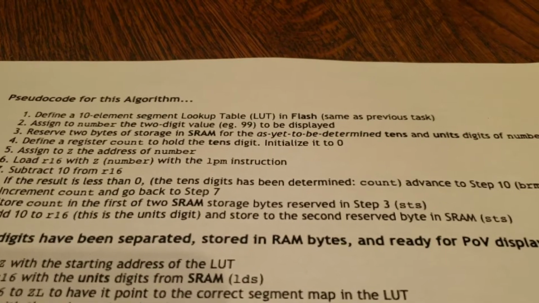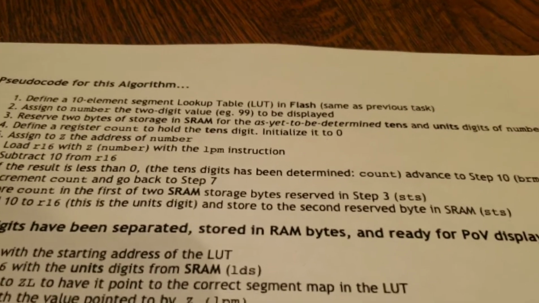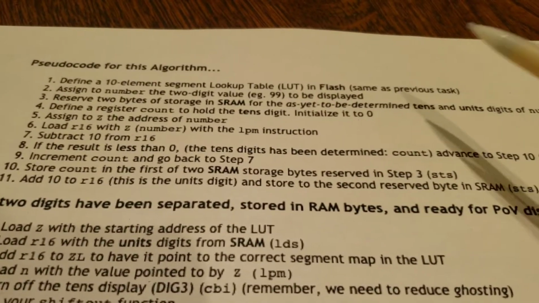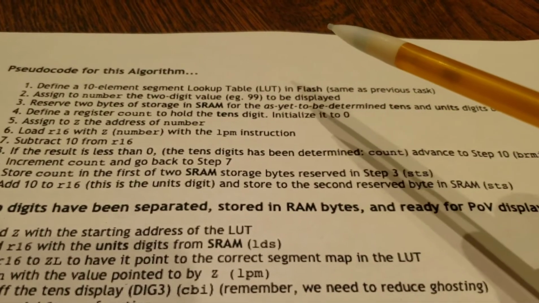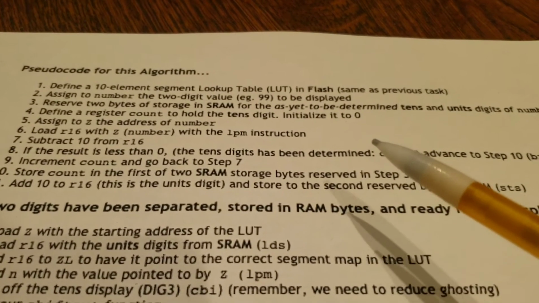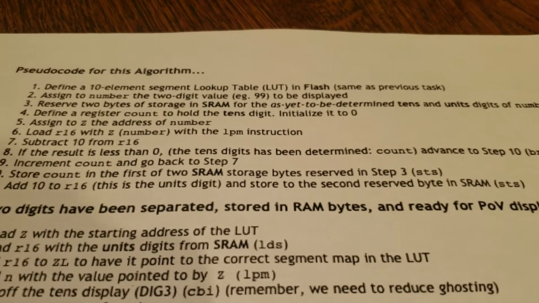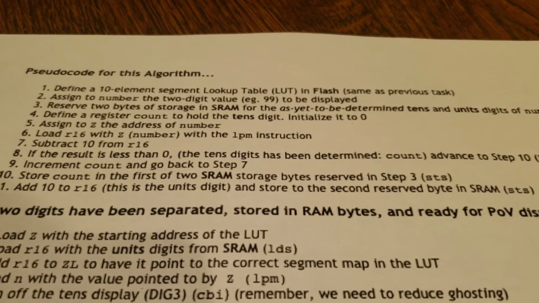This section here essentially determines what value was put into the code. Since this division is not possible, you have to subtract by 10 and check to see if it's 0.